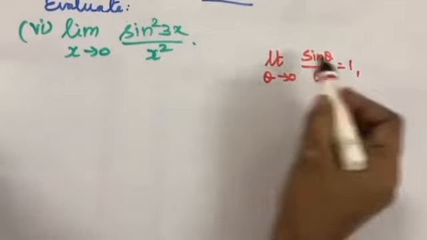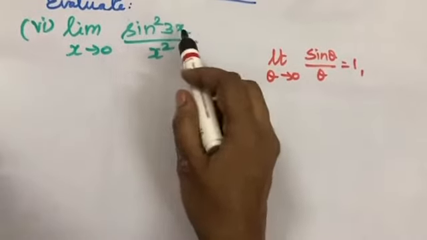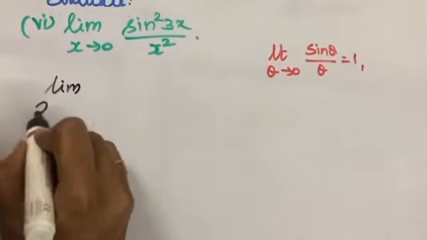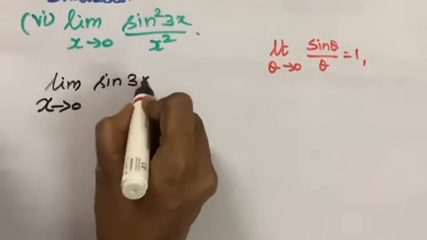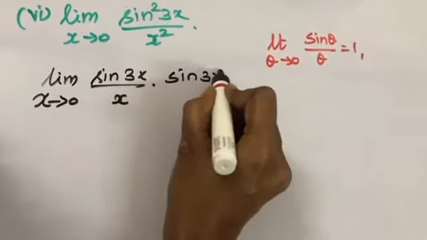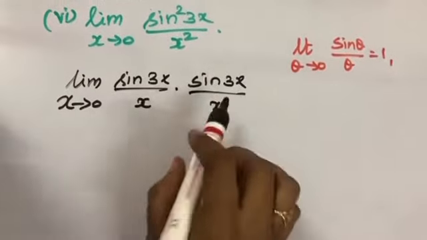But here we have sin square 3x by x square. So I split this as limit x tends to 0, sin 3x by x into sin 3x by x.